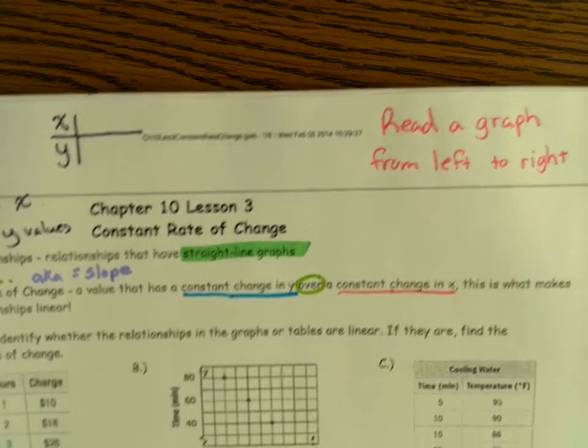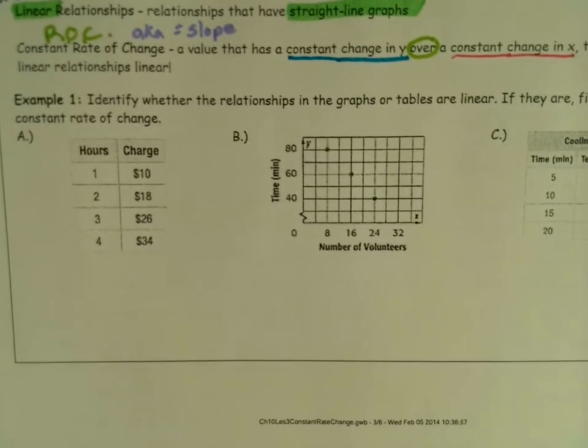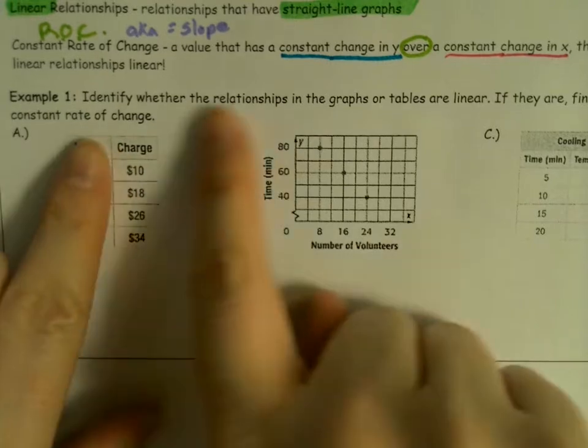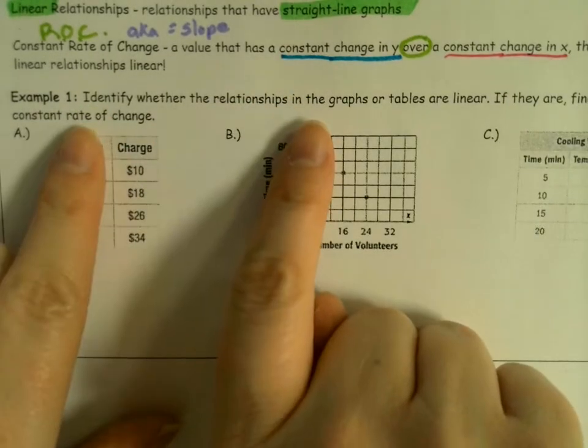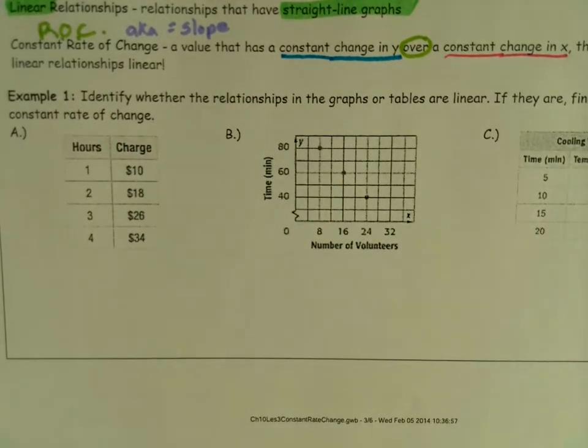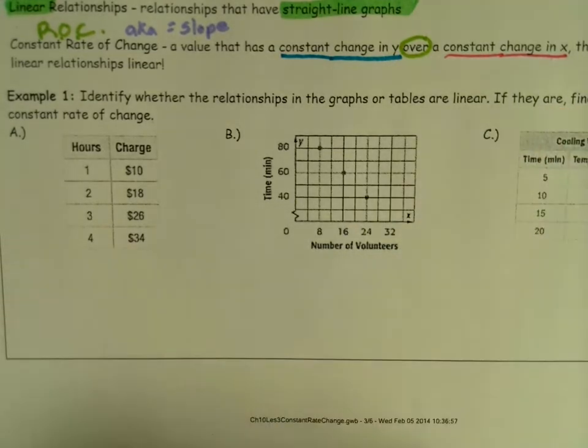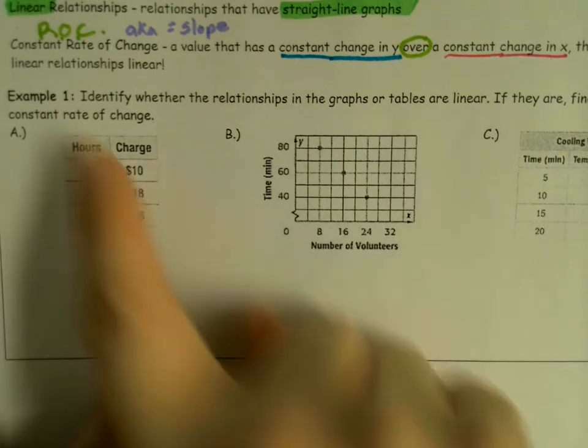All right, so let's take a look here at these examples that we've got on our page. Example number 1, we're identifying the relationship and we're identifying it as if it was linear or nonlinear. Now, if it is a linear relationship, we're going to state what the rate of change is. Because again, if it's linear, it has to have a rate of change.